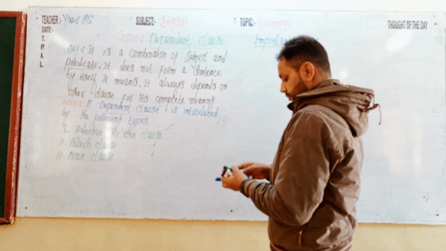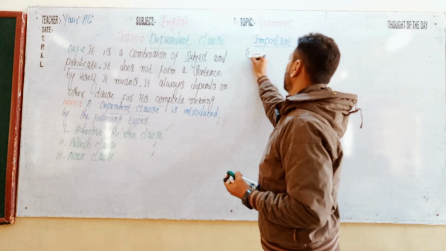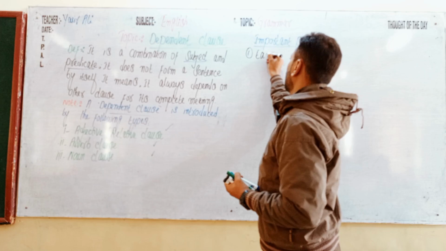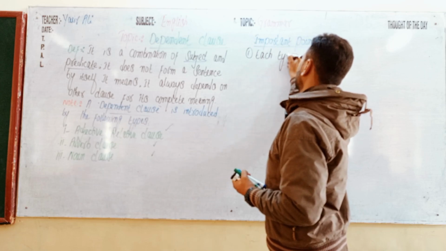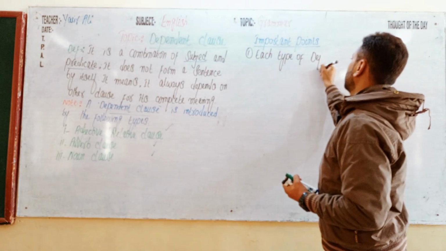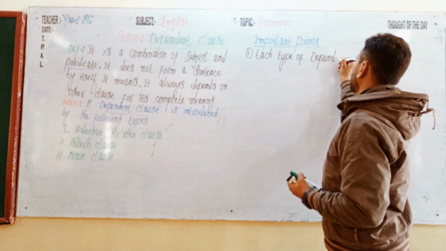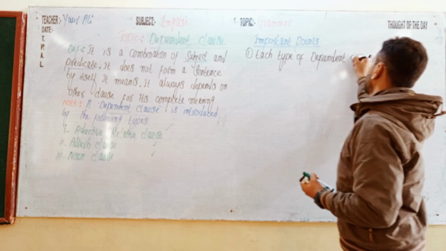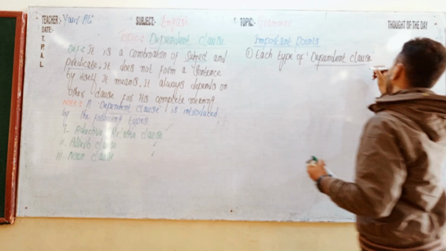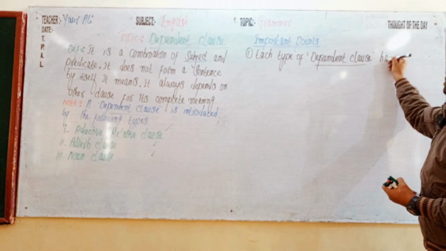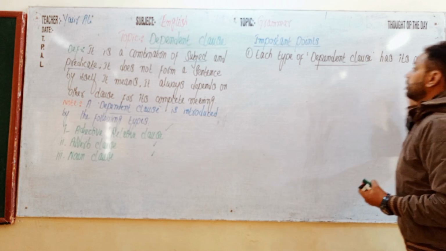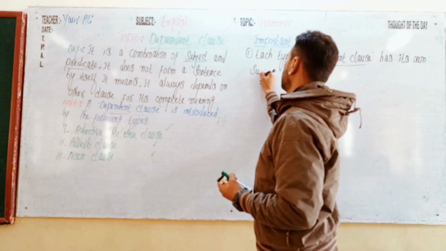Number one, each type of dependent clause has its own subordinating conjunctions.